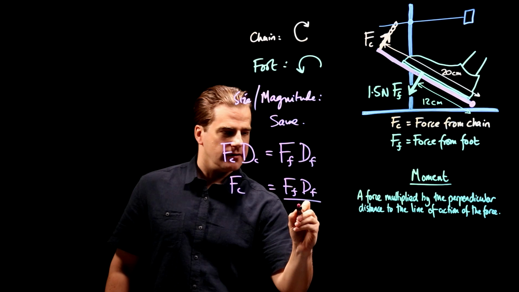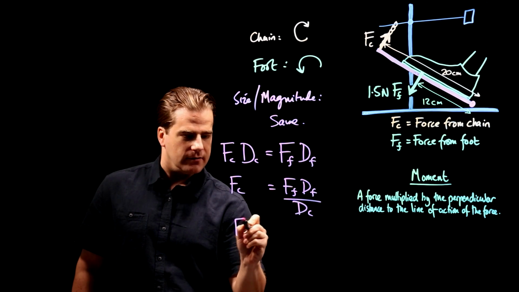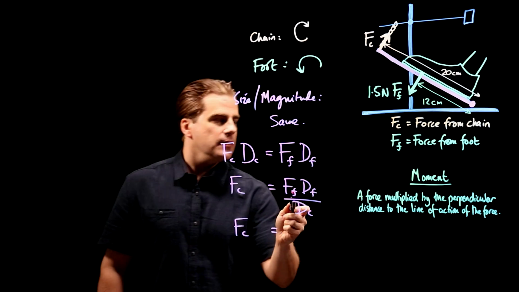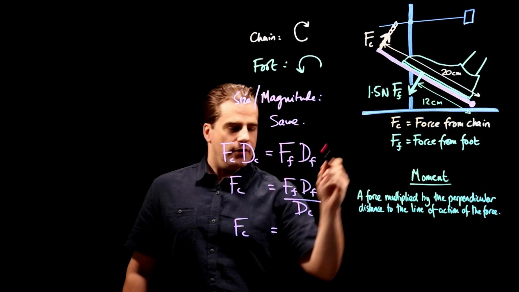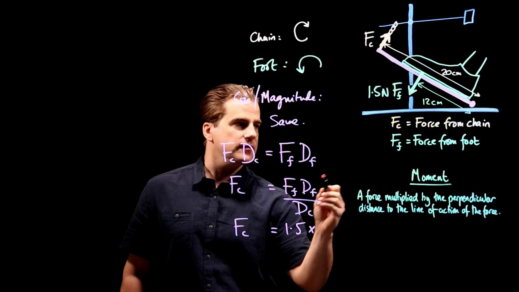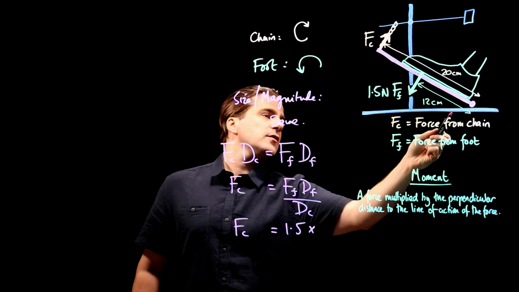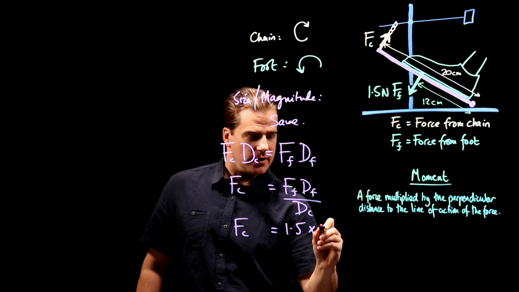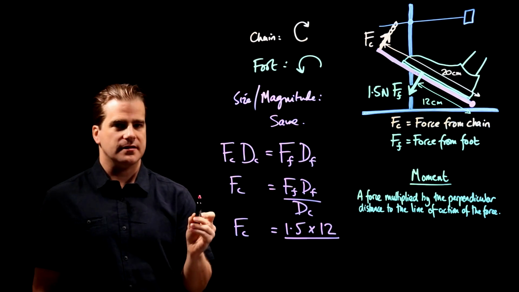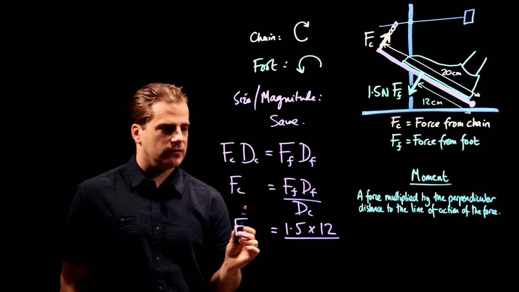Let's bring the DC down there and stick in the numbers. Force due to the foot is 1.5 newtons times distance due to the foot is 12 centimetres. Now, we don't have to convert into metres in this case because you've got one distance on the top and one on the bottom.